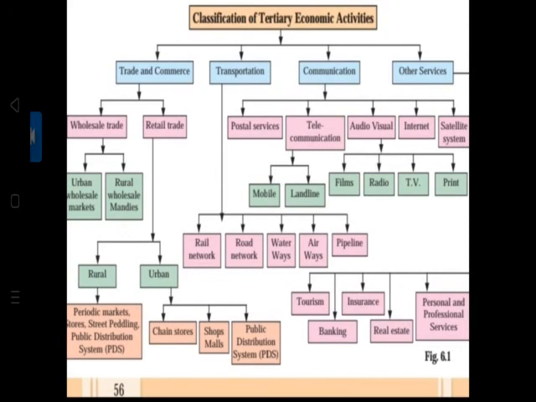Banking facilities: there are so many banks, cooperative banks, nationalized banks, state banks, different merged banks, HDFC, IDBI, Kotak, national banks, Indian Bank, Reserve Bank of India, sorry, State Bank of India. All of these banks have different roles to play in growth and development. Pipelines also, you all are seeing underground pipelines.